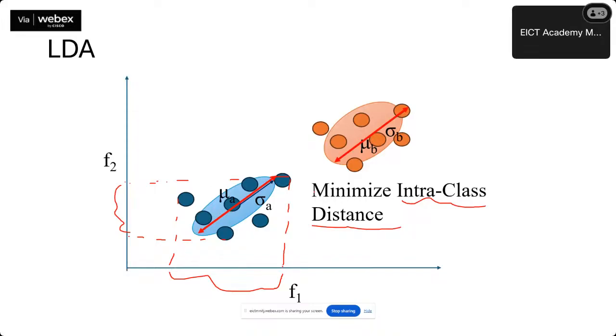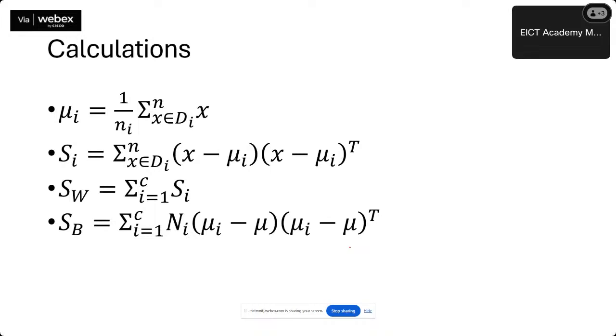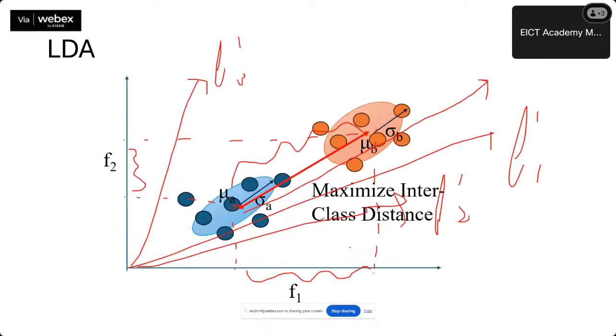Similarly for the other one, remember that I informally plotted the difference between the maximum and the minimum. You will of course use the standard deviation, or in higher dimensional spaces, the covariance matrix to calculate this. So overall, I need to minimize the intra-class distance. So my objectives are clear now.